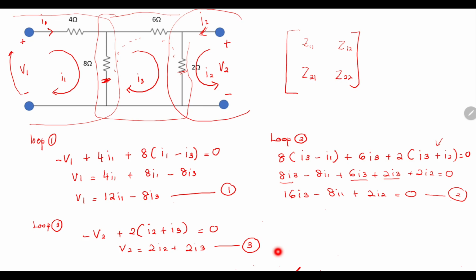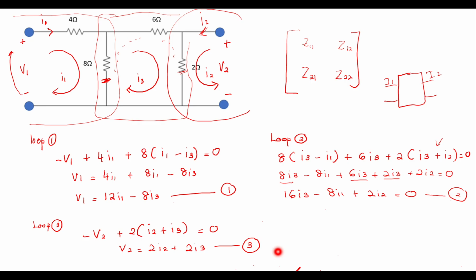Okay, now you got 3 equations. You must have only I1 and I2 for a two-port network. For a two-port network like this, you must have only I1 and I2. So we need to eliminate I3.